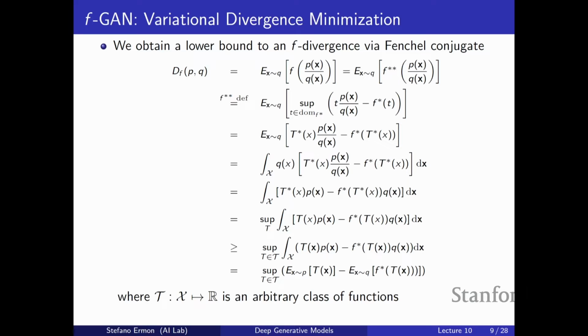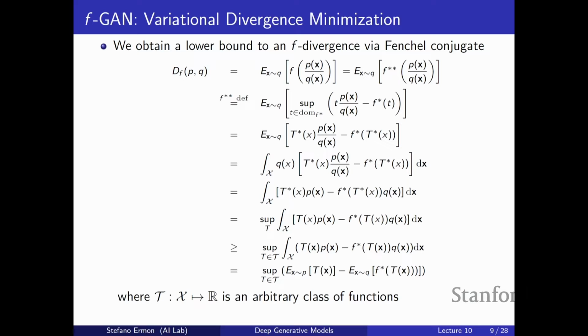Don't you sort of inherit the same problems we discussed, having a lower bound? If you don't have an optimal discriminator, you just inherit all the problems here, right? Yeah, it's a problem in the sense that you're optimizing a bound, so it might or might not be the right thing to do. And this is a lower bound, so minimizing a lower bound might not be going in the right direction.